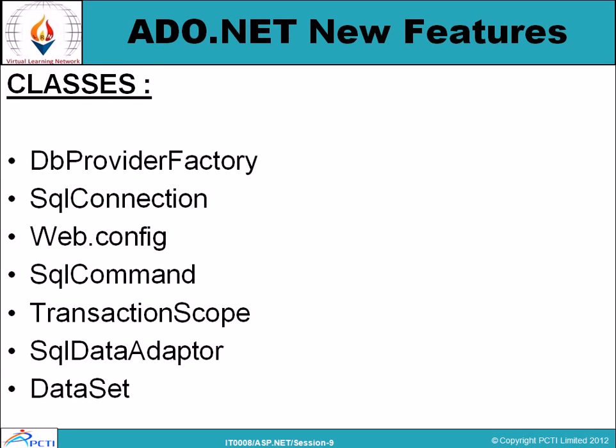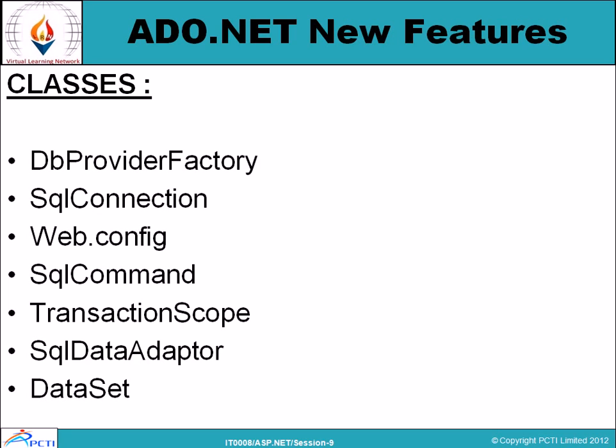First topic is the new ADO.NET features. New features basically include some classes which have some commands which will help us to perform programming tasks in a more superior manner.